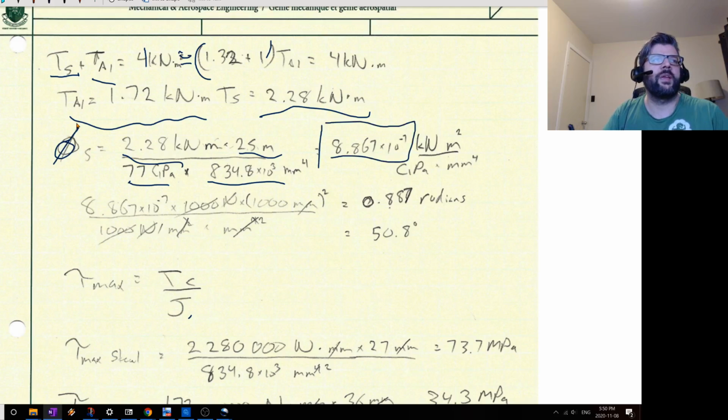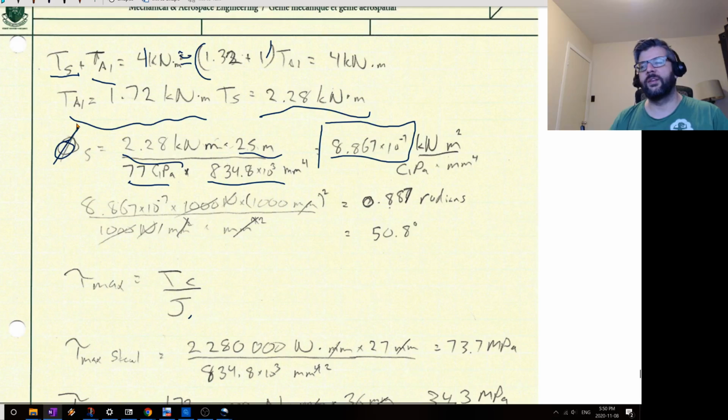If I just plug that in blindly, I want to emphasize why I like to do my conversion to decent units beforehand. Plugging that in blindly, we get 8.867 times 10 to the negative 7 kilonewton meters squared divided by GPa millimeters to the 4th.